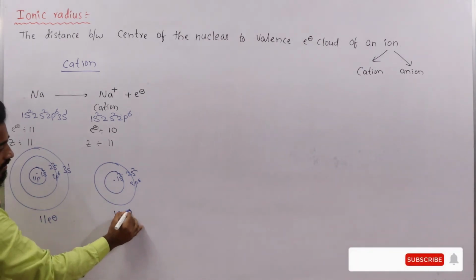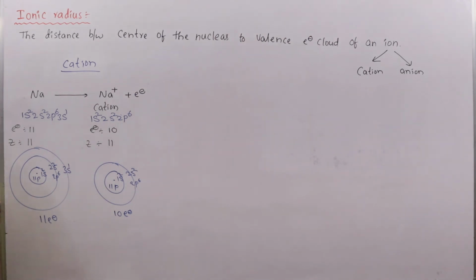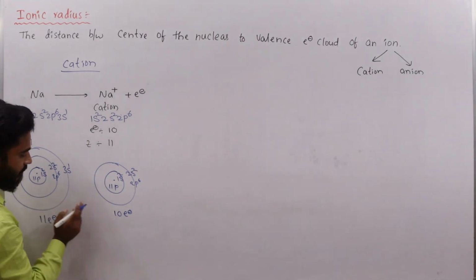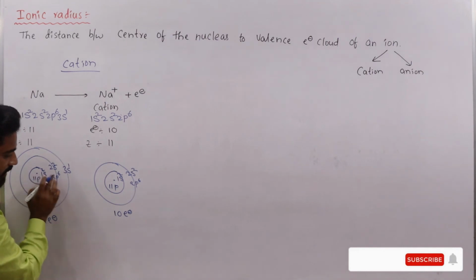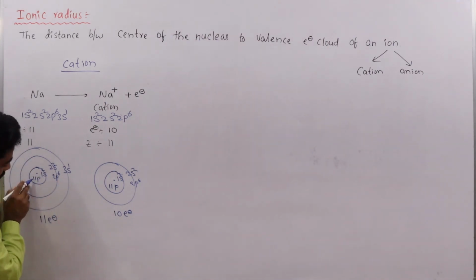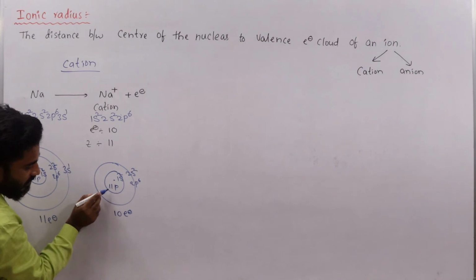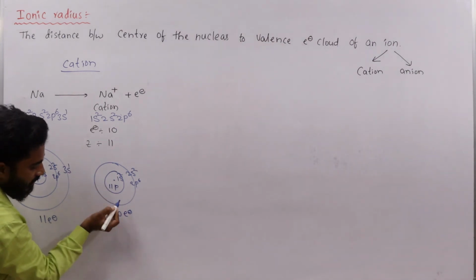Here 10 electrons and 11 protons are present. So what happened here? Electrons are decreased. When you compare protons and electrons, 11 protons and 11 electrons here, 11 protons and 10 electrons here. That means the proton number is more than the electron number.